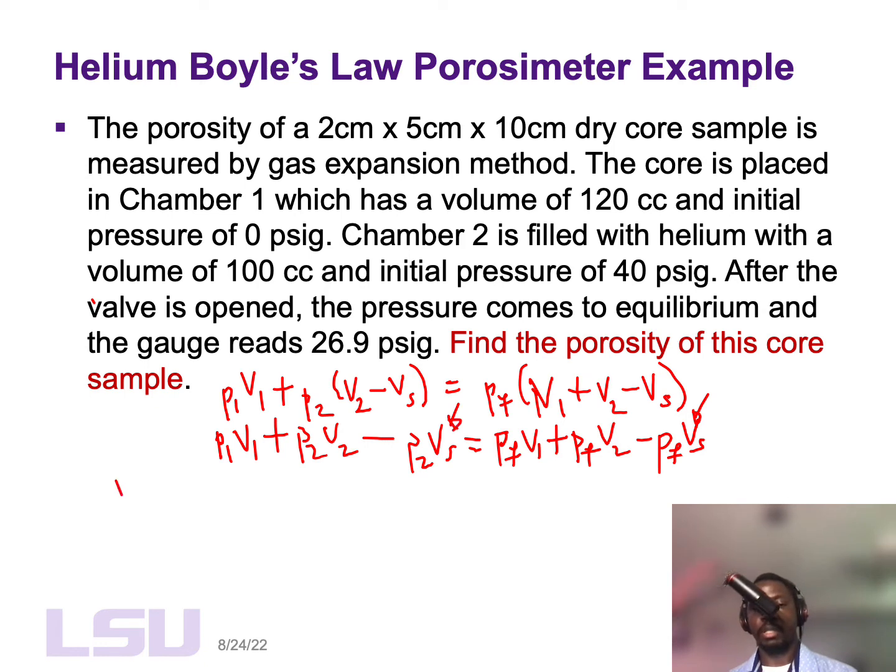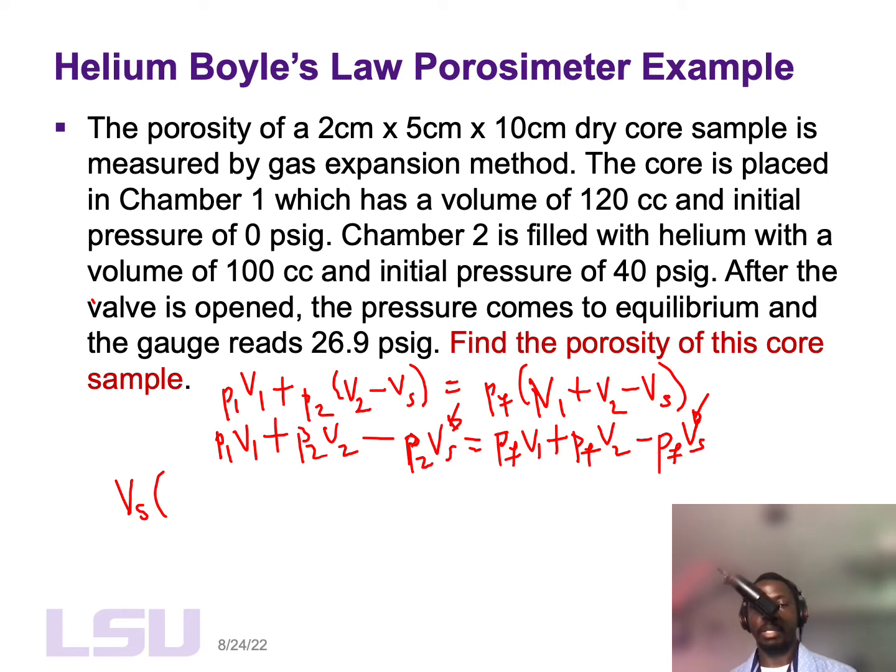Since we want to make Vs the subject of the formula, we can take Vs out. On the left this is Vs multiplied by minus P2. On the right side is Vs multiplied by minus PF. So if you take it to the right side, this PF becomes positive.